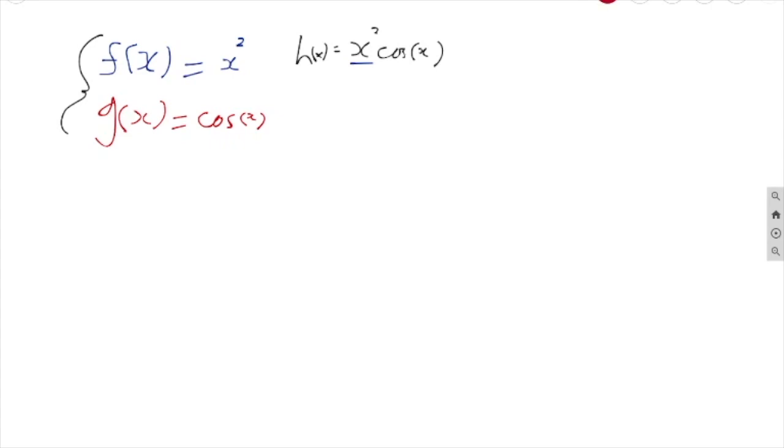So, what is the product rule? Well, I'll lay out a formal definition here, and then we'll see how to apply that to this case.